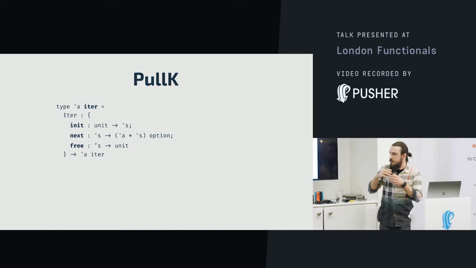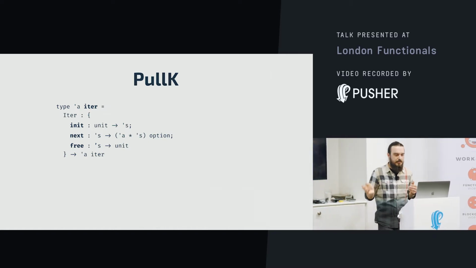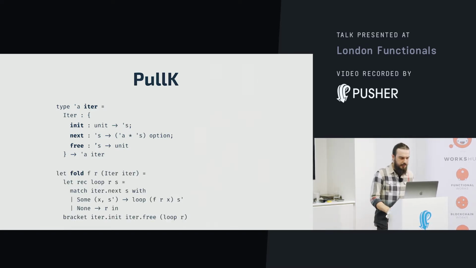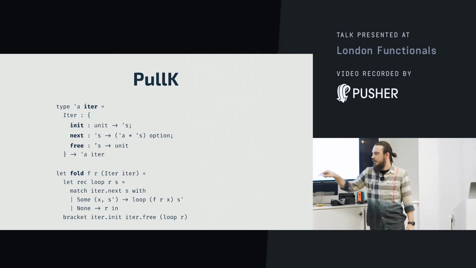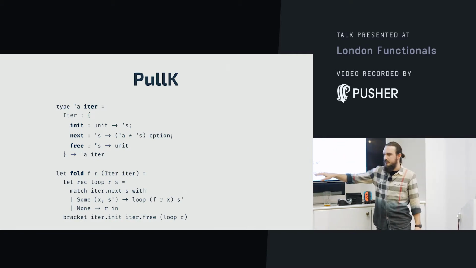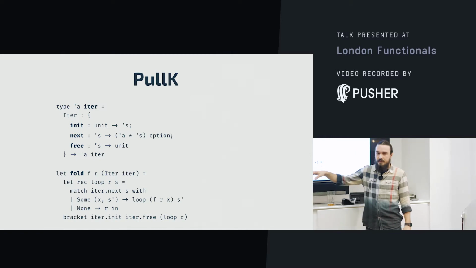And free, of course, just releases the state, closes the WebSocket, for example, or does some other additional work. This is how you implement fold with this. And I'm using the common Haskell bracket pattern to make sure that whatever happens inside this loop is always properly initialized and cleaned.